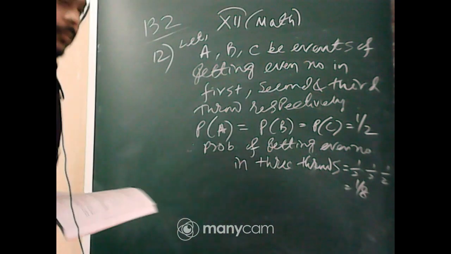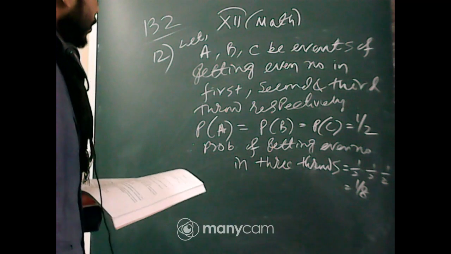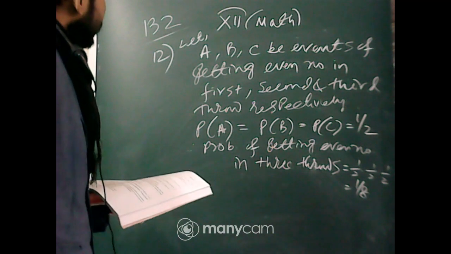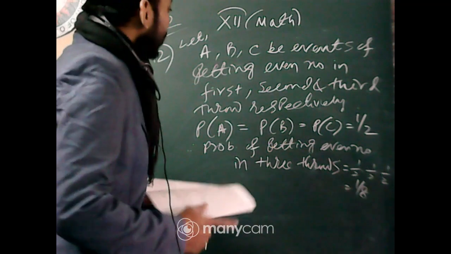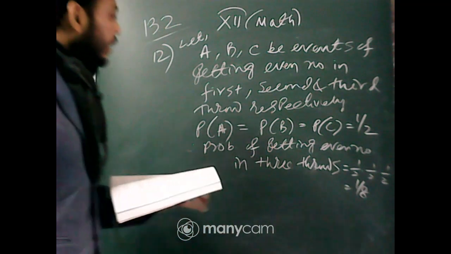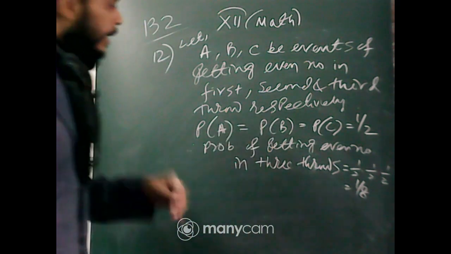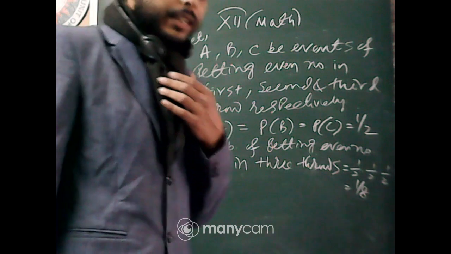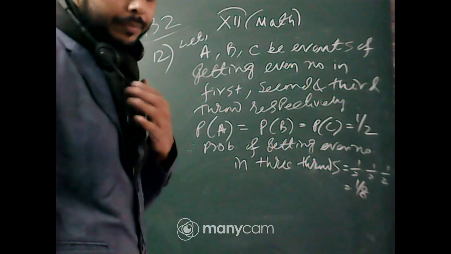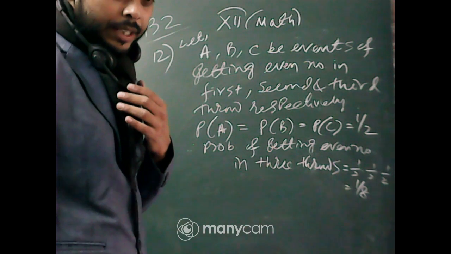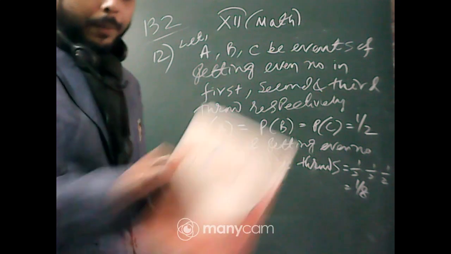Probability of getting an even number in 3 throws consecutively. A, B, C are the events of getting even number in first, second and third throw respectively. They are all independent, so I can multiply them. Isn't it? So that will be 1 by 8.